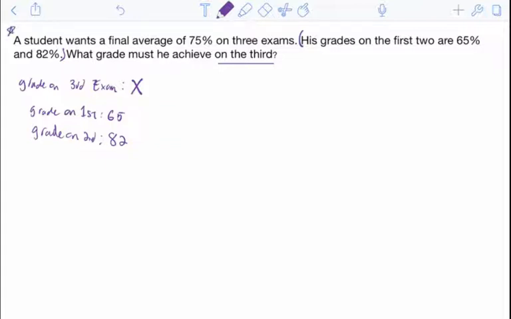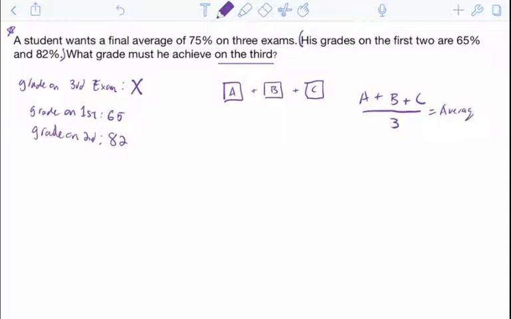What's the relationship? Well, if I have 3 tests and I want to figure out what their average is, I add together the grade on each test and divide by the number of tests.